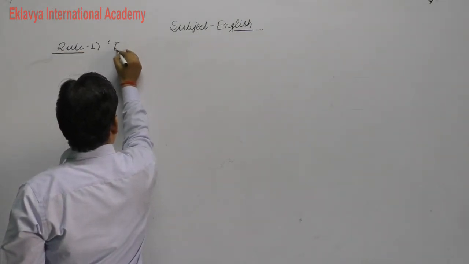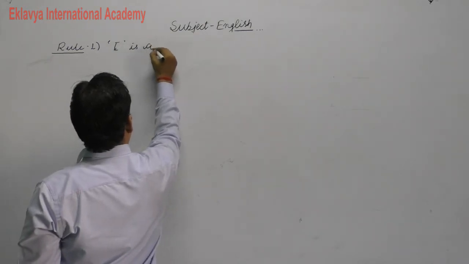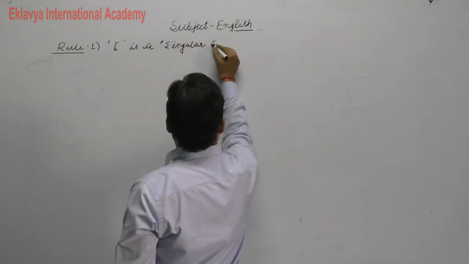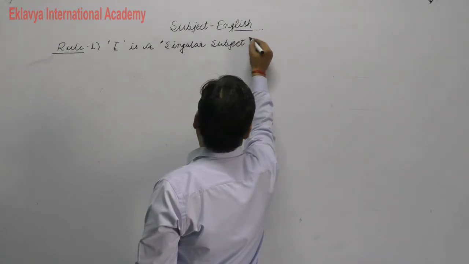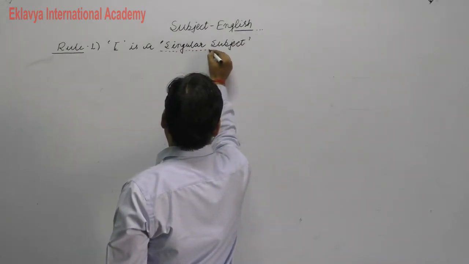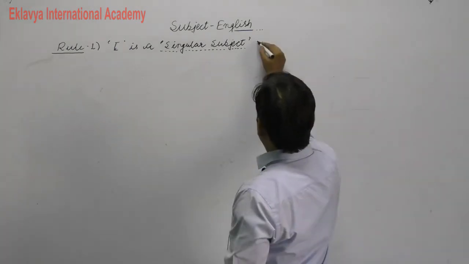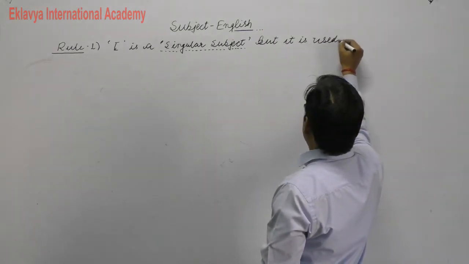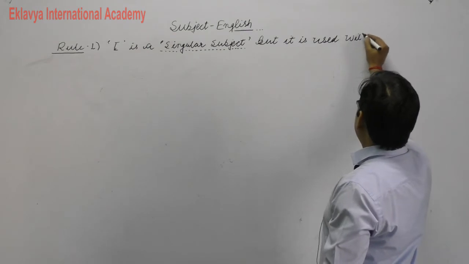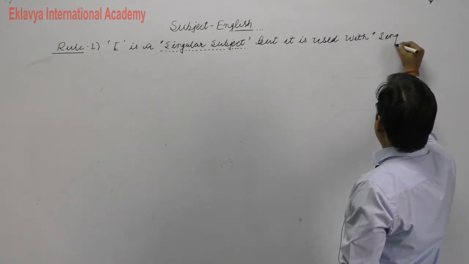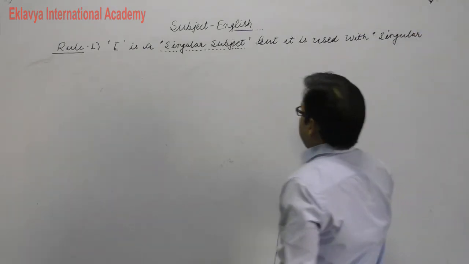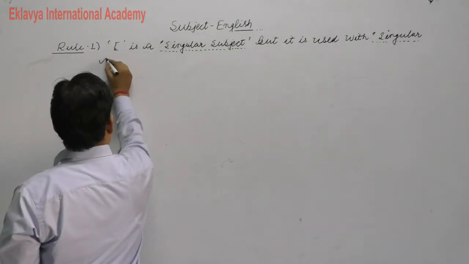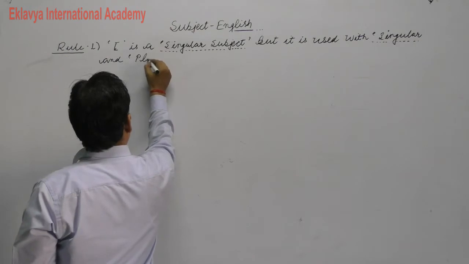Rule number first. I is a singular subject, but it is used with singular and plural verb.